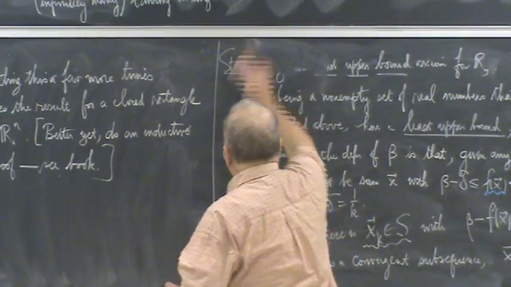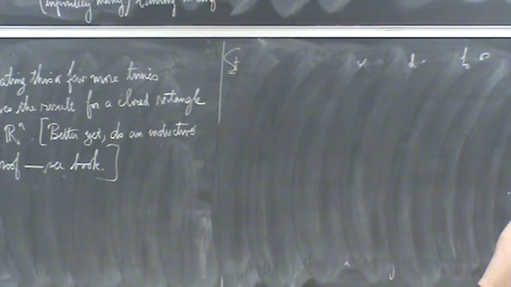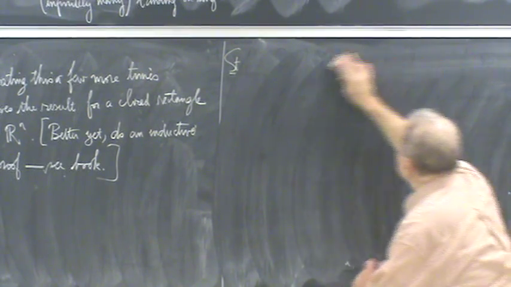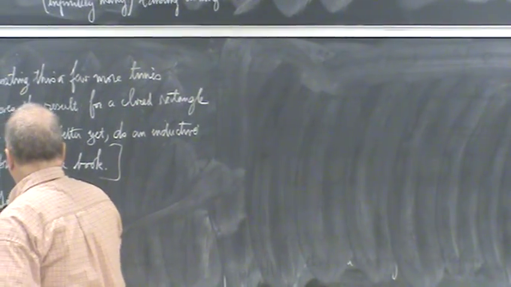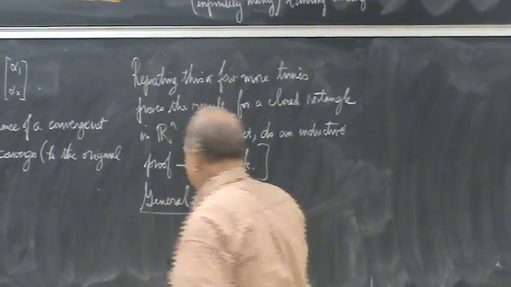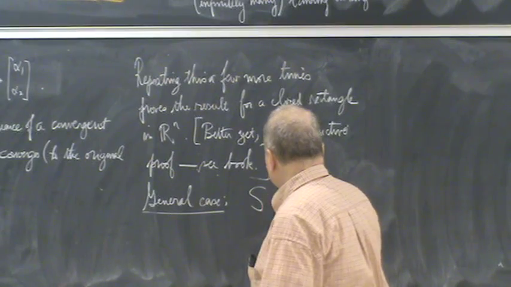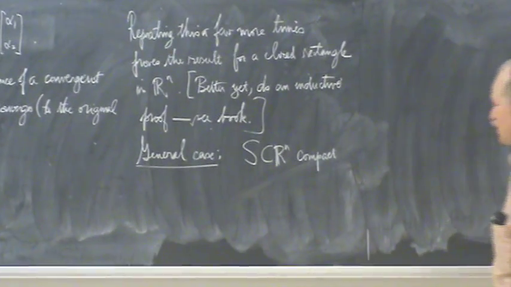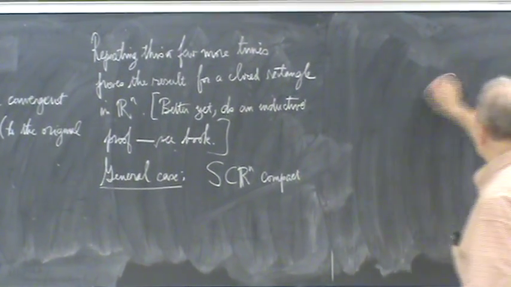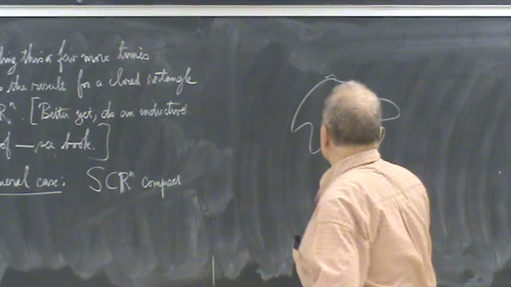Okay, last step. You might complain that all I've done here is closed rectangles. Well, I don't care. I like rectangles. You have this general compact set. What do you know about a compact set? It's bounded. So your general compact set is in some ball centered somewhere.